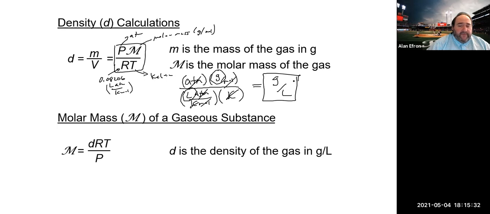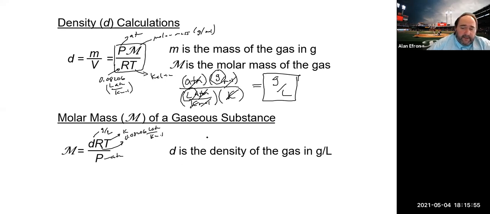You could also find the molar mass of a gas by taking the density, which here is grams per liter, times R, our gas constant, times our temperature in Kelvin, divided by our pressure in atmospheres. What do we end up with for molar mass?